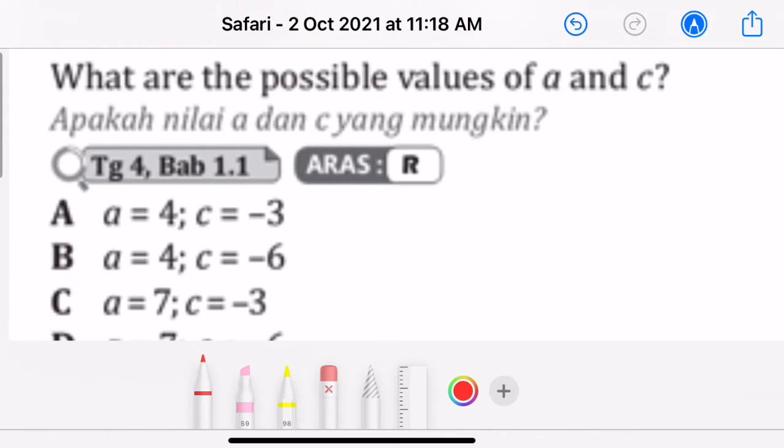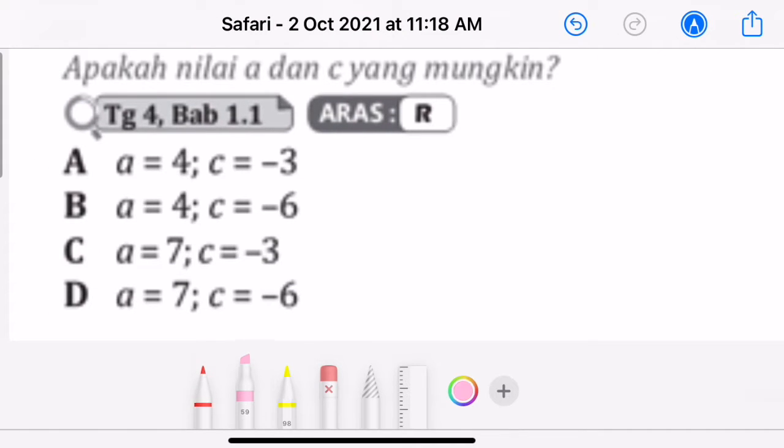So we will choose the option with a less than 6. So it's 4 for a and b.